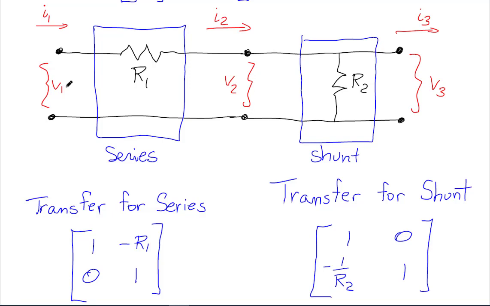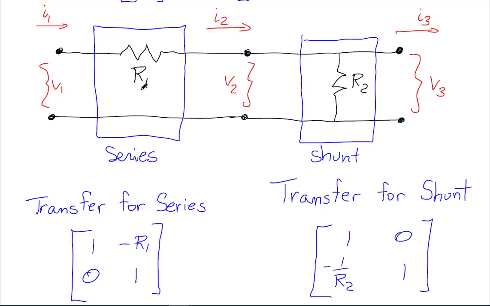And in this particular homework problem, we're just looking at resistors. If we have a resistor in series, then that situation has the transfer matrix to look like the following: a 1, a 0, a 1, and whatever our resistance is in ohms on this particular part.